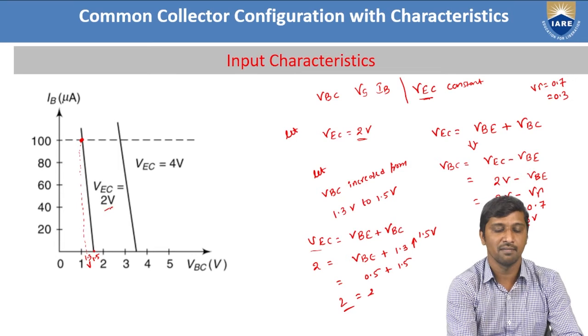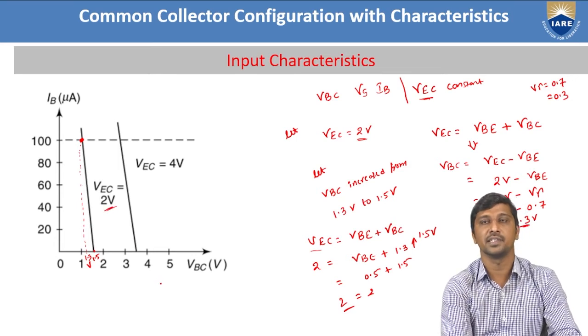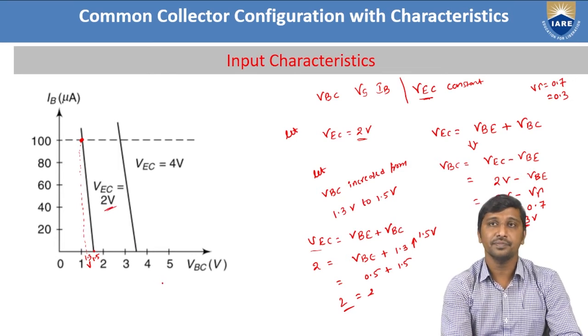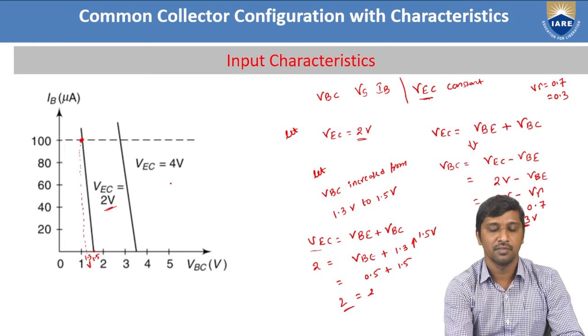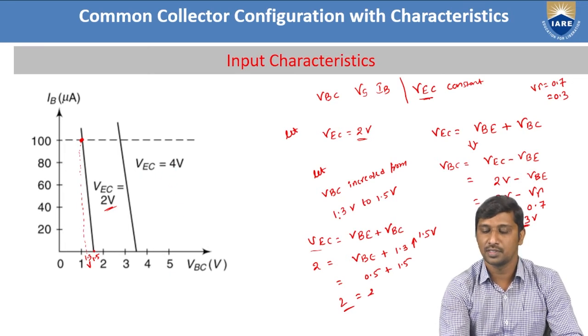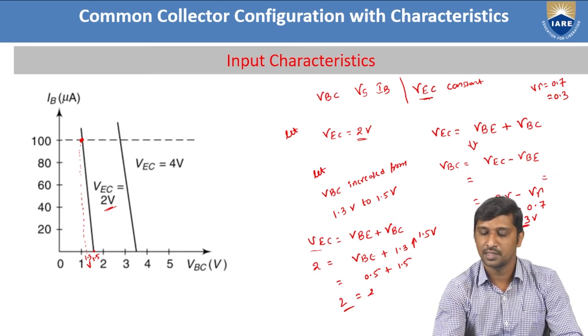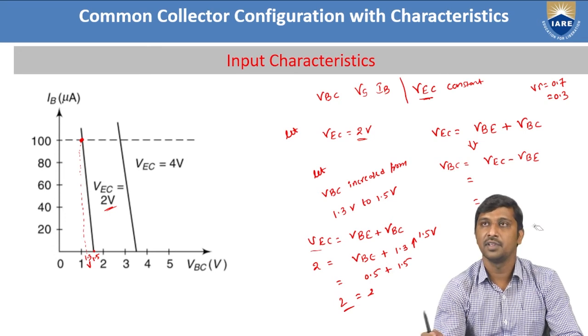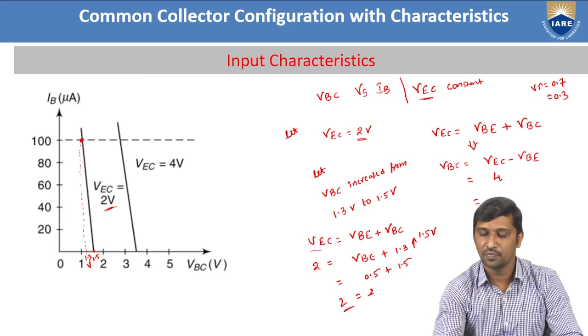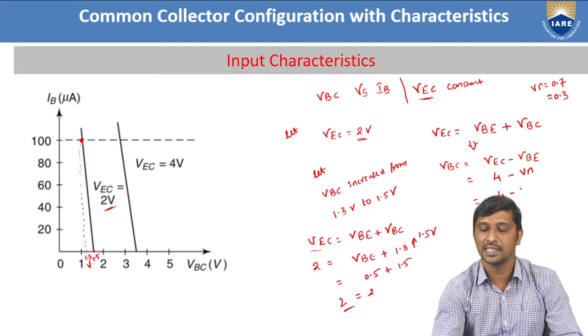So this happens when VEC is 2 volts here. Similarly, consider VEC as 4 volts. What happens here? From this relation, VBC is 4 minus V gamma. If it is the silicon type, V gamma is 0.7, hence this is 3.3 volts.